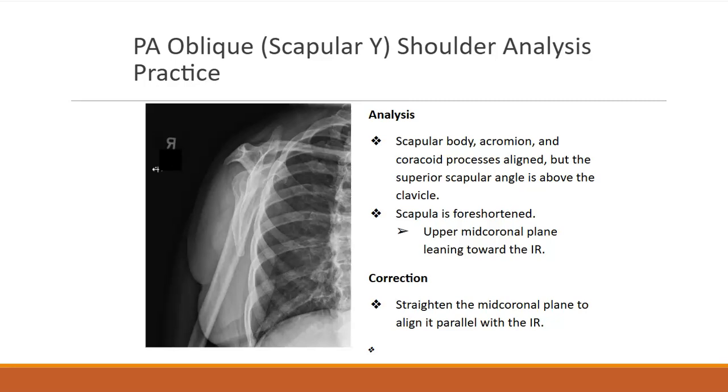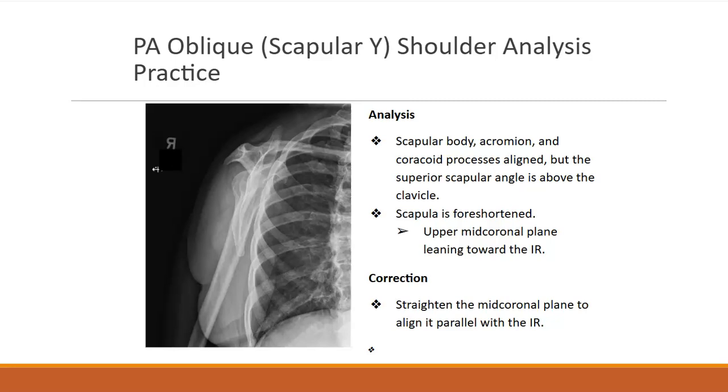We have plus some, so we definitely have a little bit of two-part IR issues going on here, and we need to also collimate. This looks like almost a 14 by 17 field of view, so please, please, please don't let me see you doing this. But now let's take a look and see if our positioning is appropriate.